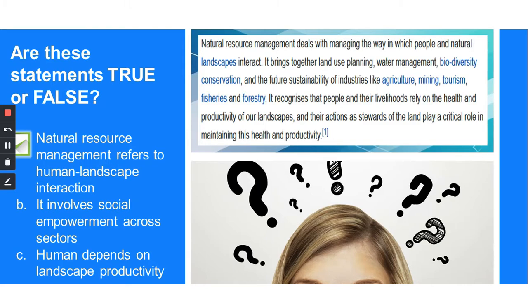For example, in the text you can see it recognizes that people and their livelihood rely on the health and productivity of our landscapes. Itu sama aja, rely on and depend on. Jadi bisa kita simpulkan kalau statement B is false and point C is true atau stated. So that is how we need to find out stated and unstated detail.